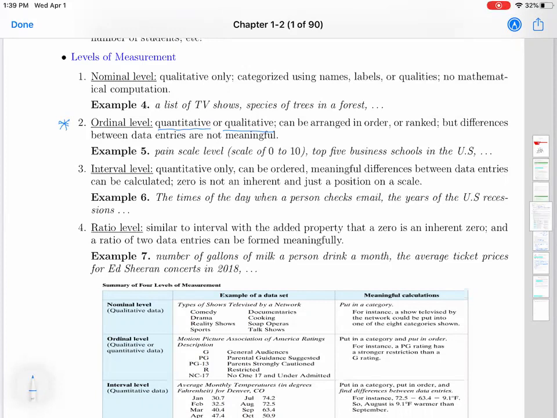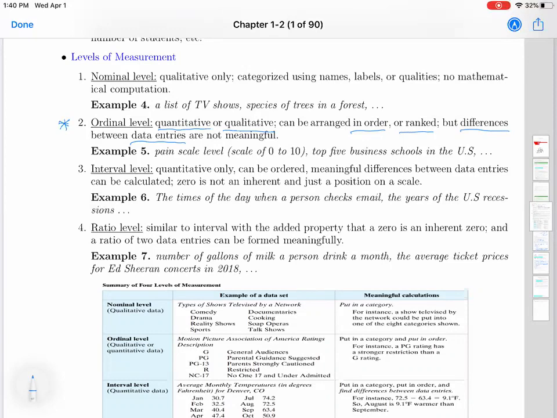This data can be arranged in order, can be ranked, but the differences between two data entries are not meaningful. If you have quantitative data at the ordinal level, then the difference between two entries should not give you any meaning at all.